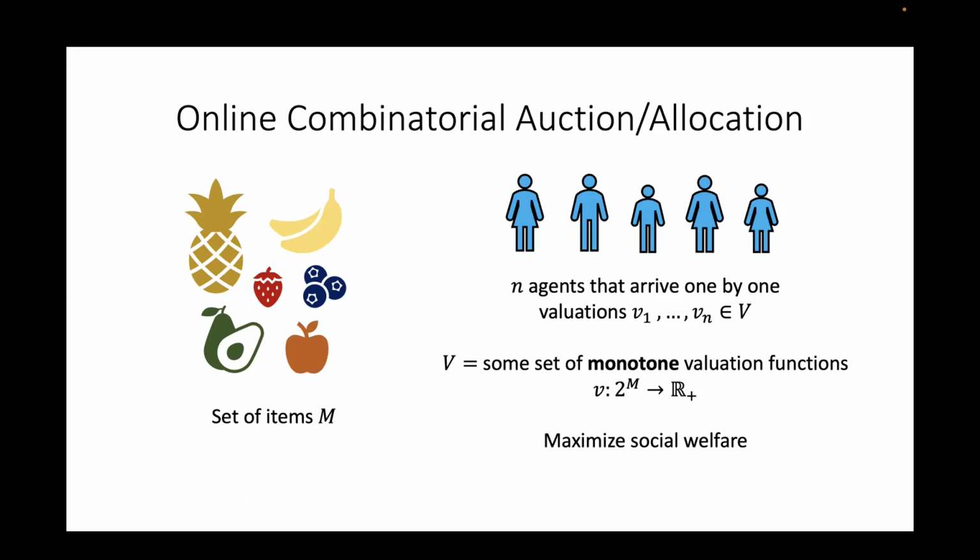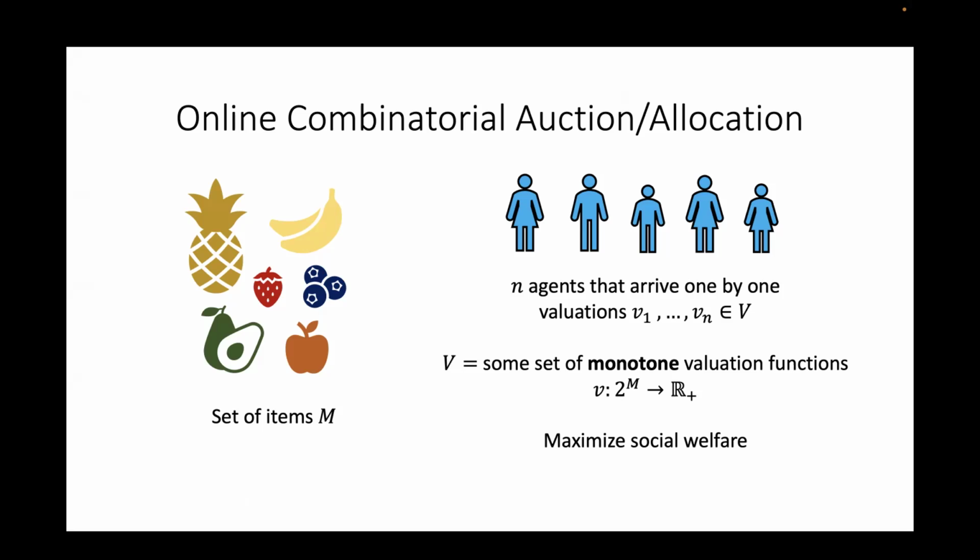You have a bunch of items. Sahil's talk had resources; here I think of items that are to be allocated among a set of agents that arrive one by one, and they have valuations for the items.